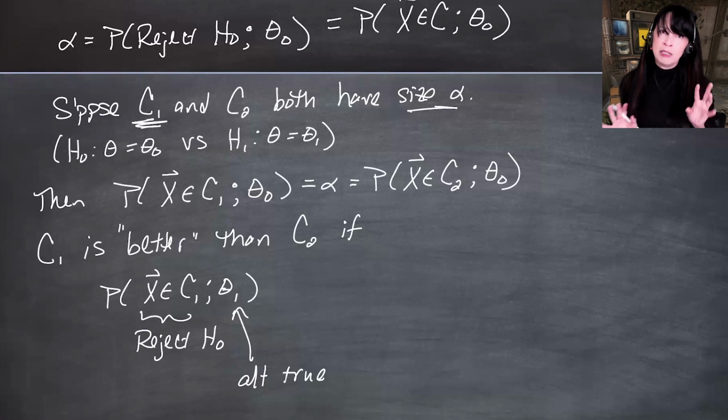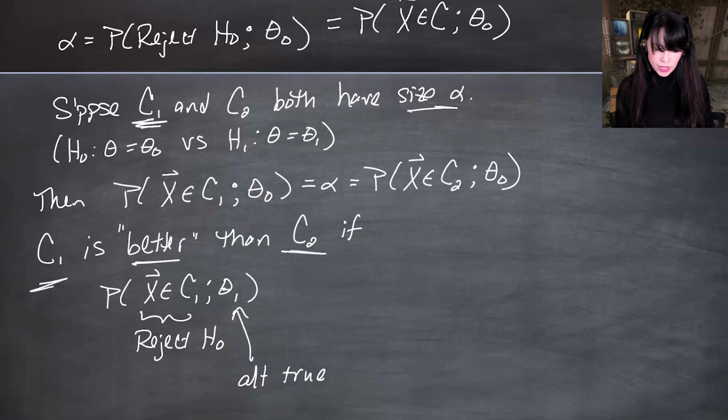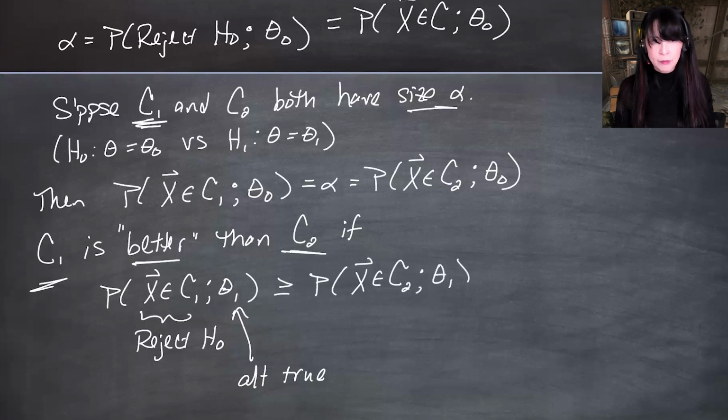So you want this probability to be large. And we say that C1 is a better test than C2 if this probability is larger than the probability you reject the null hypothesis using the second test when you should be rejecting because the alternate hypothesis is true.